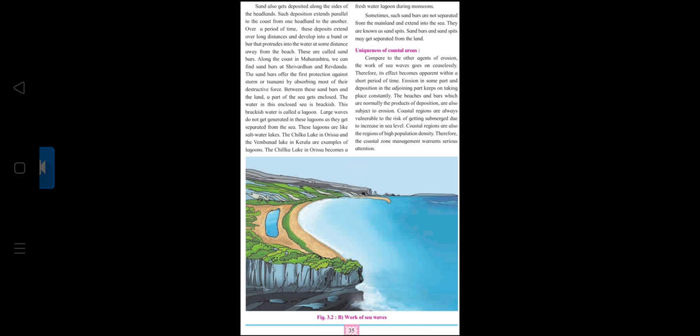If there is increase in sea level, these coastal regions can get submerged. Coastal regions are also the regions of high population density. Yes. Now, if you see, there's a lot of high population density in these regions for various reasons. Therefore, the coastal zone management warrants serious attention.